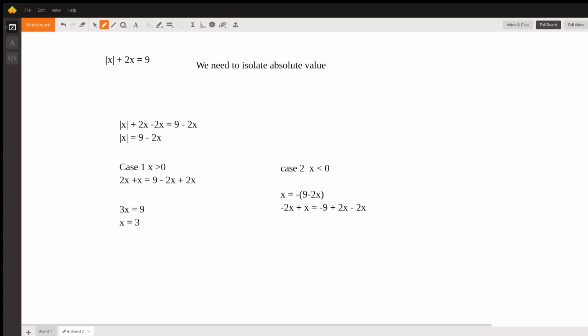We would end up canceling out this side, and then we would end up with a negative x here. Negative x equals negative 9. That means x equals 9. But wait, x is less than 0. This is not a solution. So x equals 3 is the only answer.